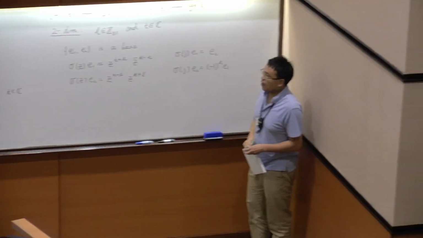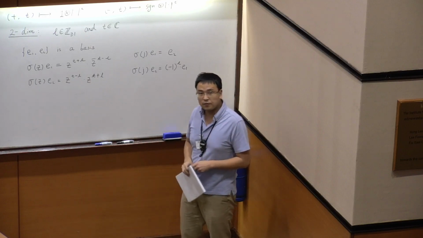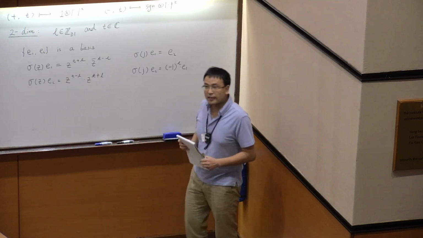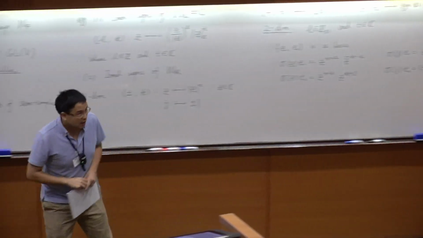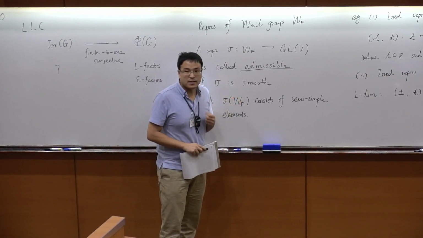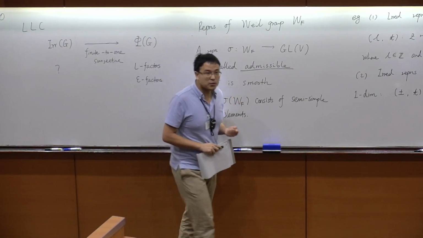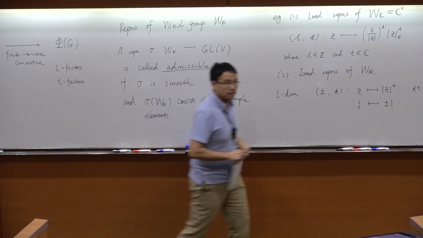Okay, so those are all the irreducible representations for the Weil group of the real numbers. And in general, if you have an arbitrary admissible representation, it's not hard to see this admissible representation is always semi-simple. So it's always going to break down to the direct sums of these irreducible ones.